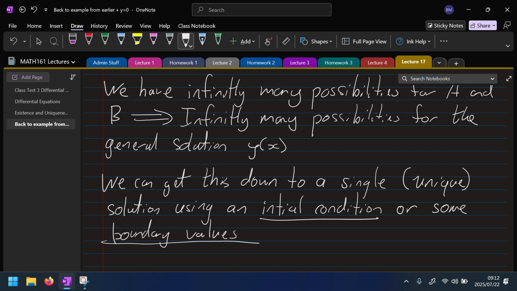So before we use initial conditions or boundary values, there are infinitely many possibilities, right? A and B, we don't know what those are. If I then provide you with some initial condition or some boundary value, then the number of solutions go down to 1. And that solution will become unique.